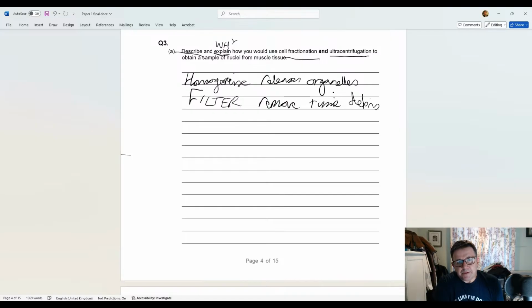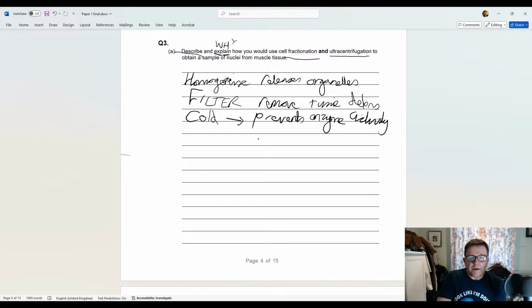Okay. Then the solution that you've got is going to be cold. Why does it need to be cold? So that's a description: it's a cold solution. Why? Because it prevents enzyme activity. It's also what we call isotonic.